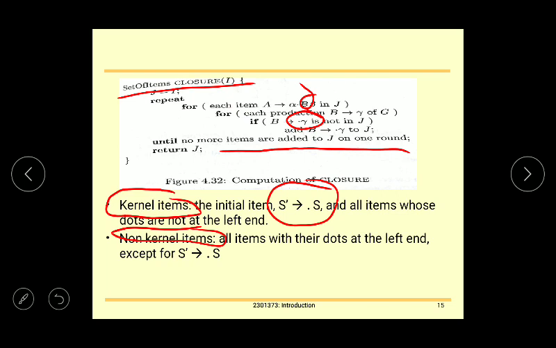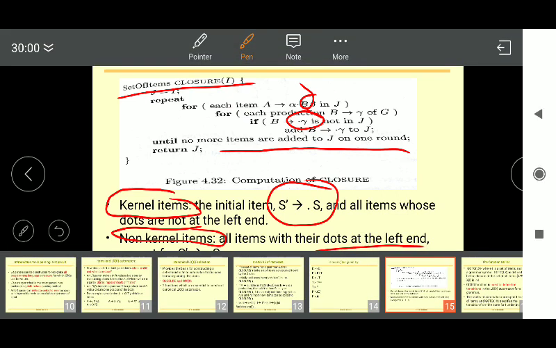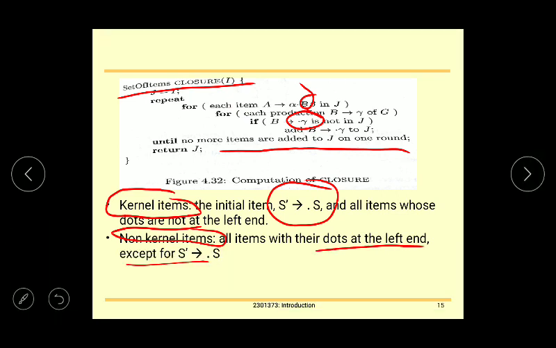So the initial item is called a kernel item, as well as some other items whose dots are not at the left end. Then what is a non-kernel item? All items with their dots at the left end except for this. That means a non-kernel item is added to the list only because of the kernel items.